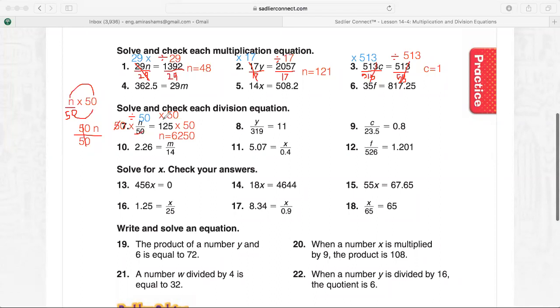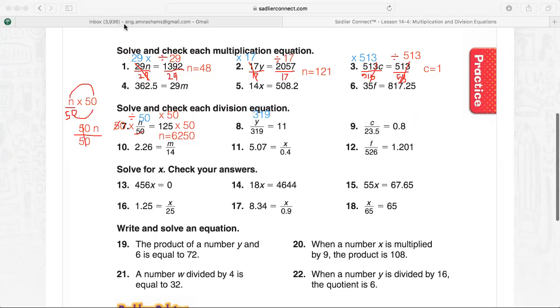Okay, look Farah, again at example 8. What am I going to do, Sarah, here? We will divide by 319. Yes, the original operation is divide by 319. What is the inverse? Multiply by 319.